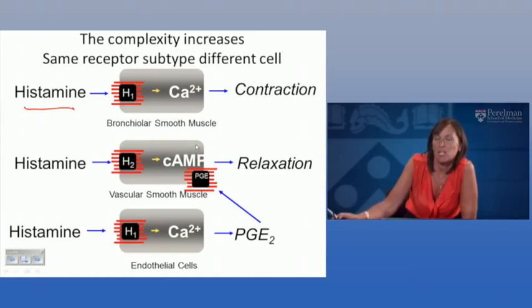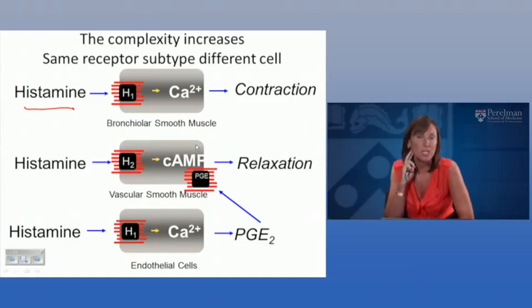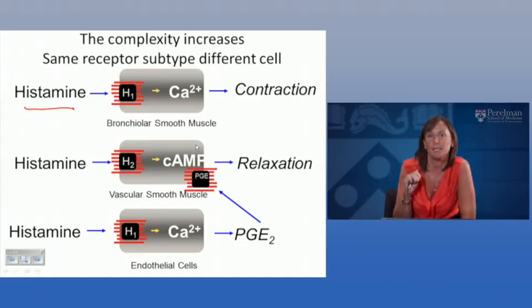And this concept of the amplification potential of prostaglandin E2 on the relaxation response in vascular smooth muscle cells in response to histamine binding to the H2 receptor is important to appreciate.